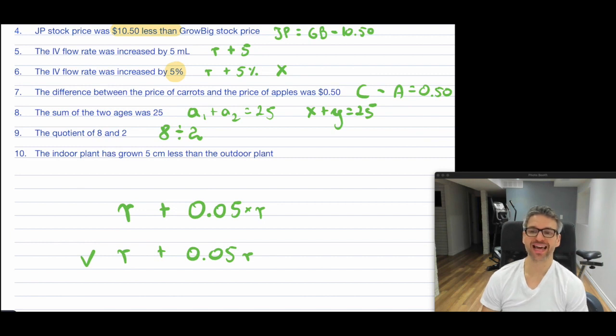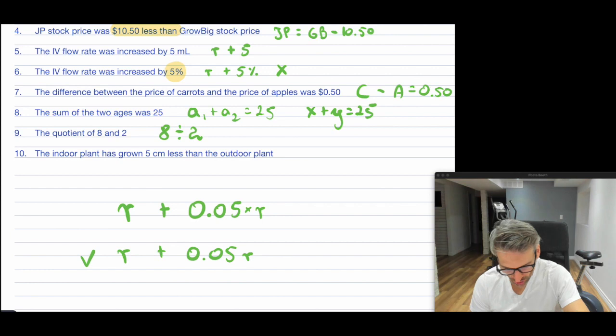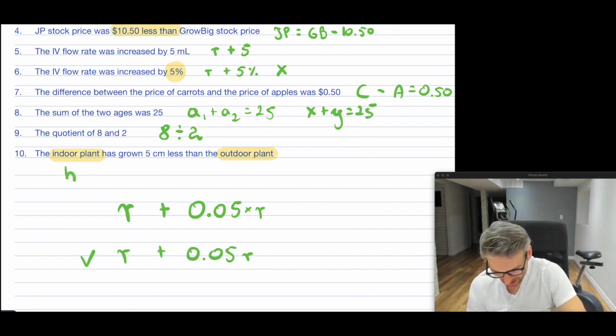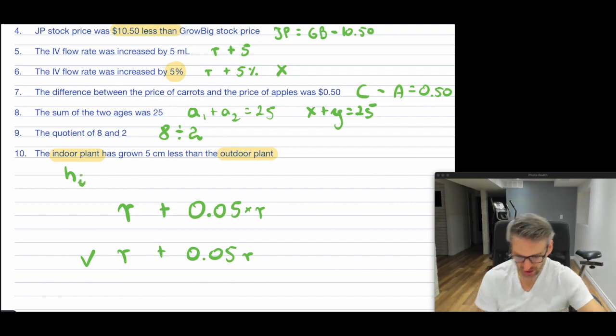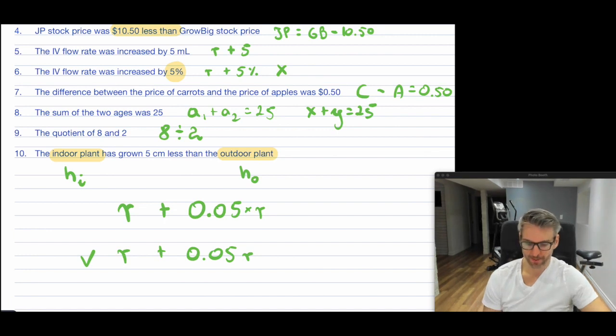Question 10. The indoor plant has grown 5 centimeters less than the outdoor plant. So let's say the indoor plant. What you have to do in these cases is recognize that it must be the height of the plants. So let's say this is the height of the plant indoors, h with subscript I, then this is the height of the outdoor plant.